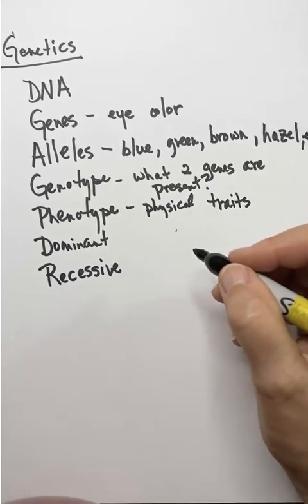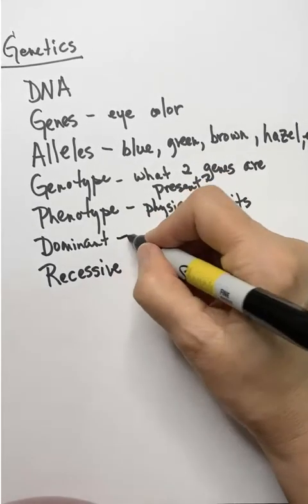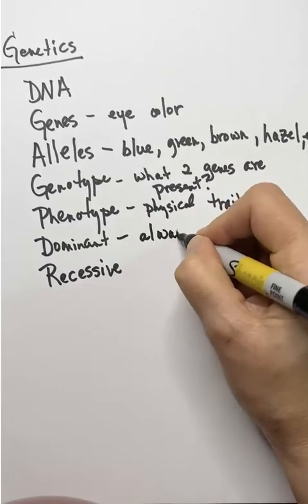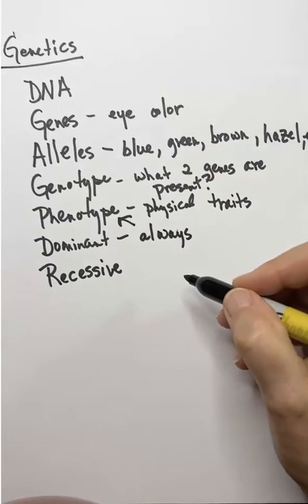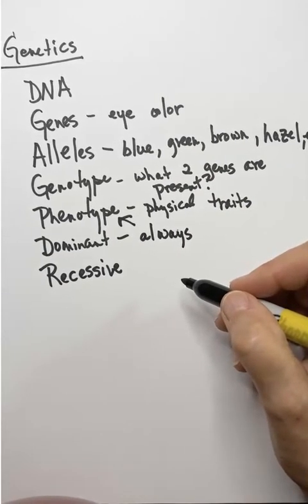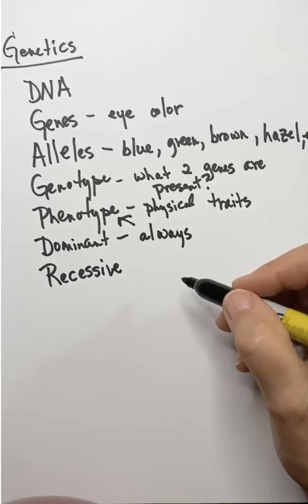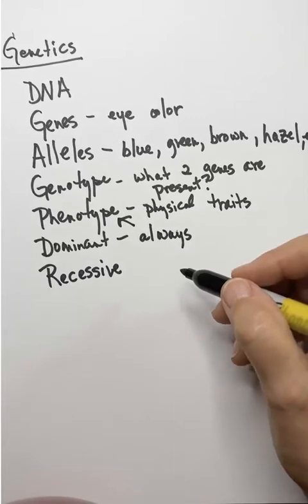Now, I know that you know this already, that there are dominant traits and there are recessive traits. A dominant trait you will always see expressed in the phenotype, always. Whether you have one copy present or two copies from both of your parents, you will always see a dominant trait being expressed.